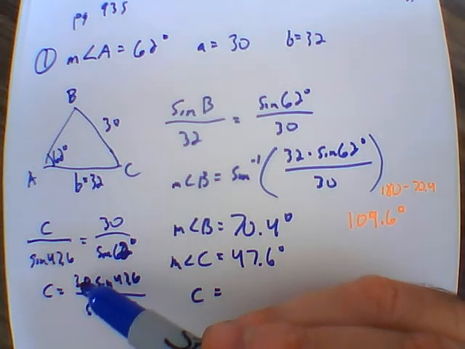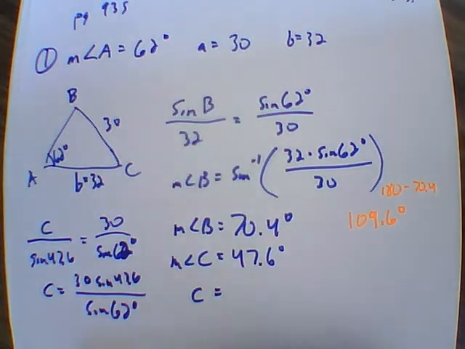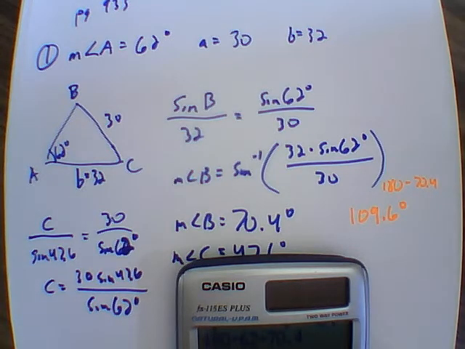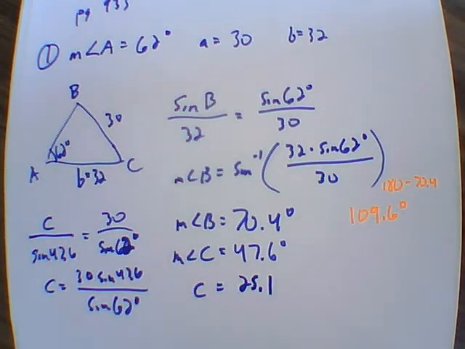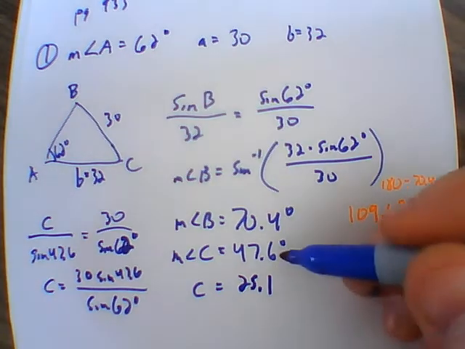So if we type this into our calculator, we would have 30 times sine of 47.6 degrees over sine of 62 degrees. We get 25.1. Okay, so we see that side length would be 25.1 for side C.